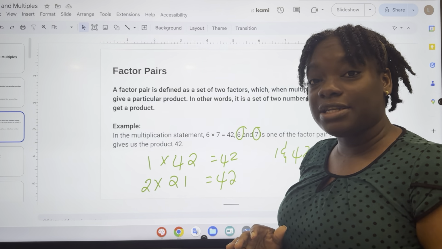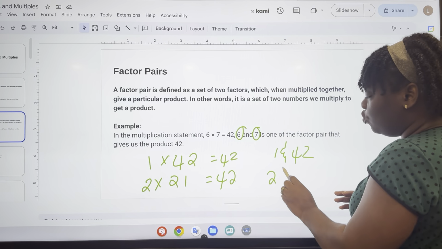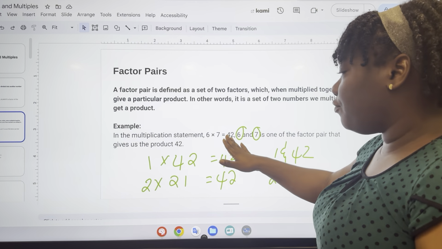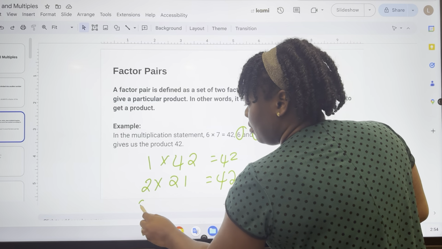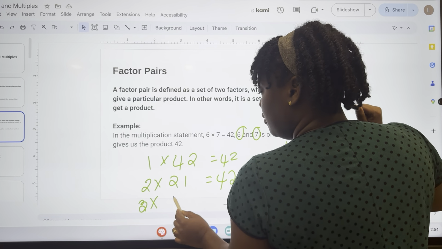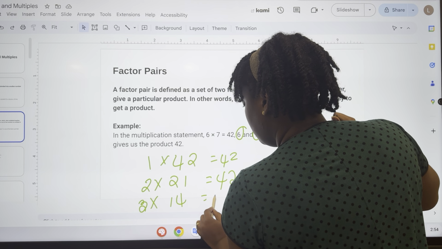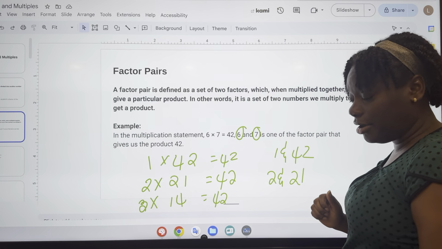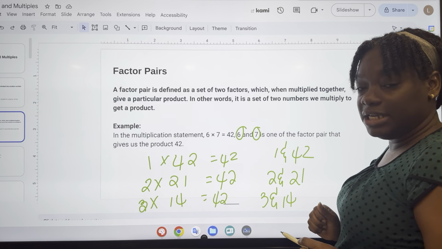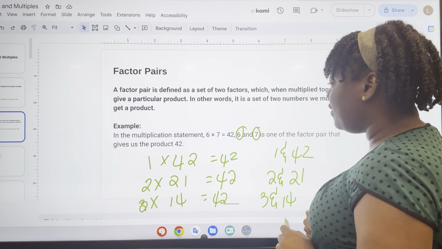So what's my factor pair right there? 2 and 21. Can 3 work? 3 times 14 is equal to 42. What's the factor pair? 3 and 14. Nice. All right, do we have any more?